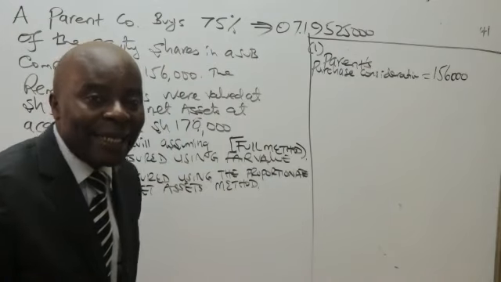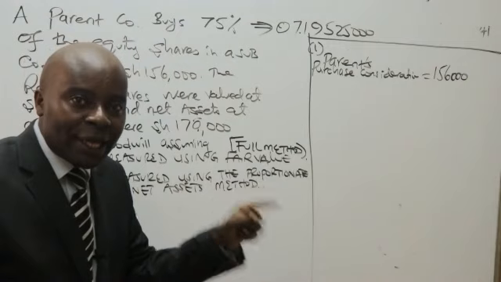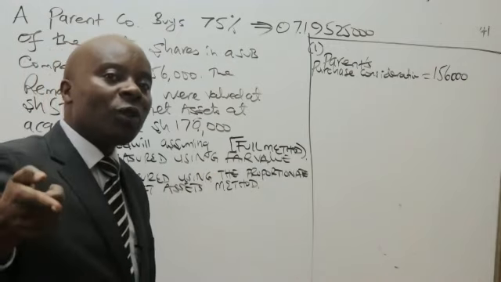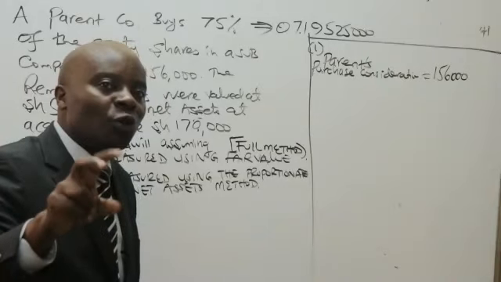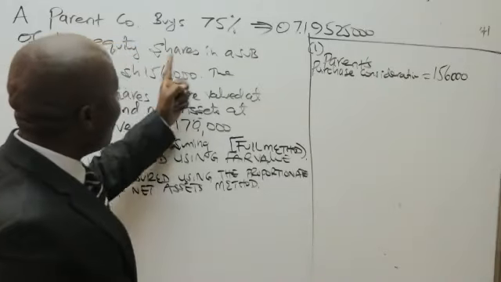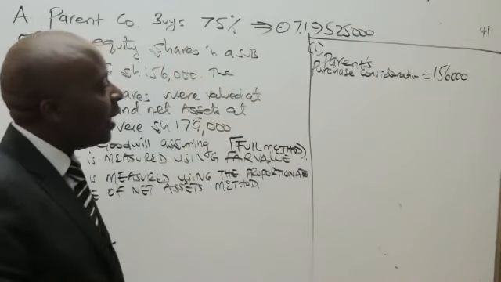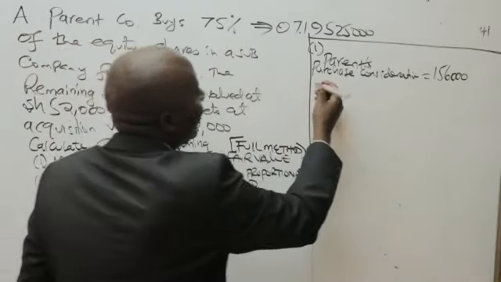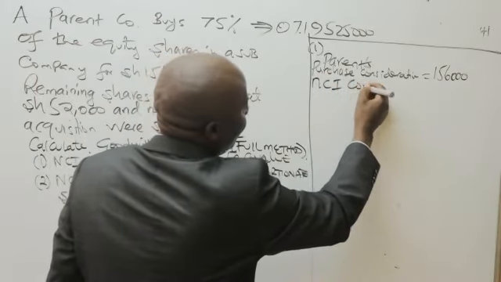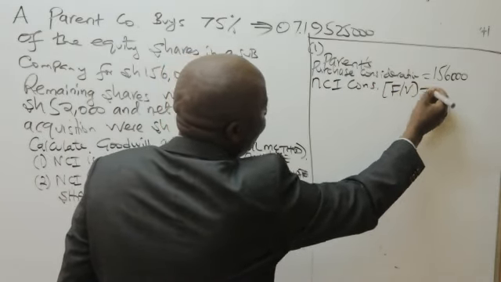So remember, the parent never bought 100% of this company. They only bought 75%, meaning that there is another stakeholder who came and purchased 25%. Now, because we are told the parent got 75%, the other stakeholder, of course, will be the NCI. So in this case here, come and give us the NCI's consideration. They have told us to use fair value.